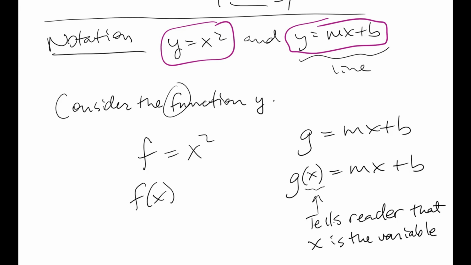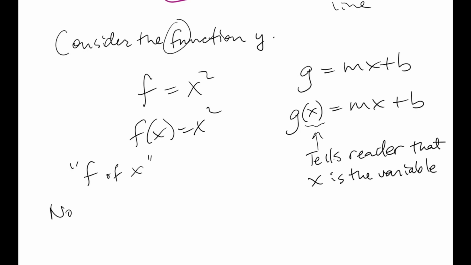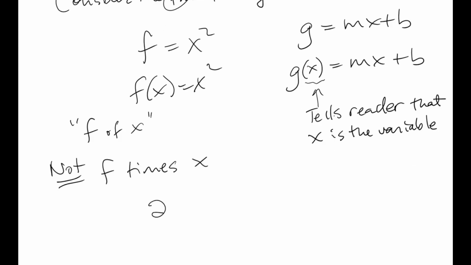So f of x equals x squared. So we say f of x, not f times x. This is not f times x. Sometimes whenever you put a number in front of x like that, this is 2x, this is times.